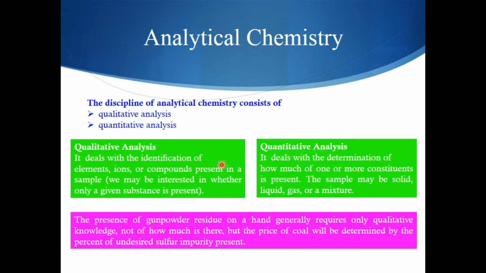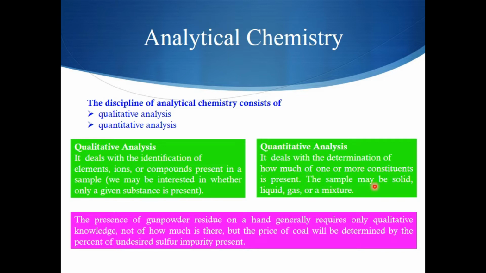In quantitative analysis, first we will know how many ions, elements or compounds are present in a sample, and after their identification the next step is to measure their quantity. So quantitative analysis is more specific.